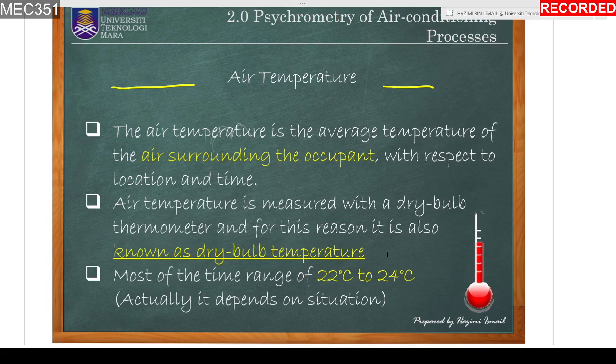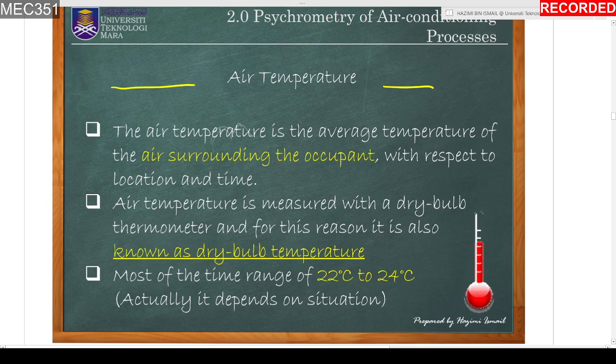Tapi there are two types of temperature. One is dry bulb. This is the normal temperature, and also the wet bulb temperature. So if you see the normal thermometer, it indicates the dry bulb temperature reading.